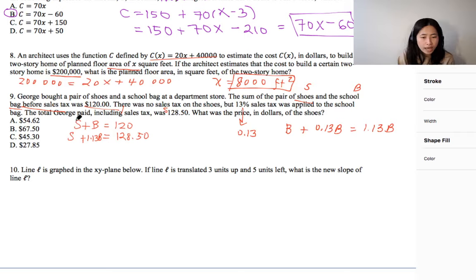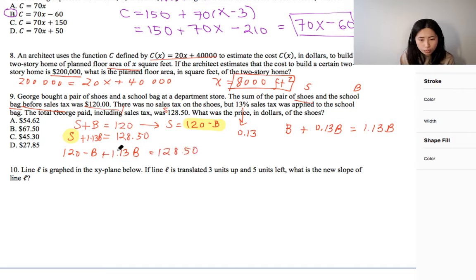Let's just isolate S from here. So we have S equal to 120 minus B. And then because we're seeing S right here, we can just plug in 120 minus B over here. So this is 120 minus B plus 1.13B. That's equal to 128.50.